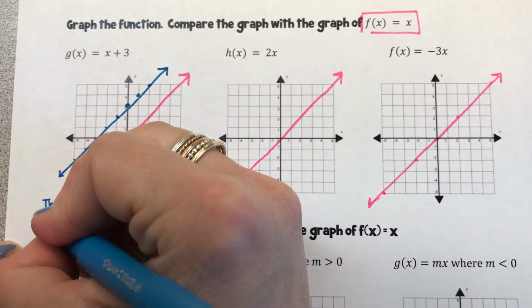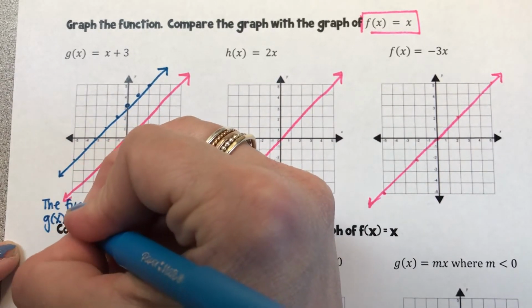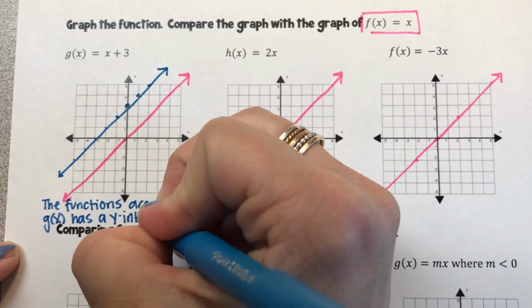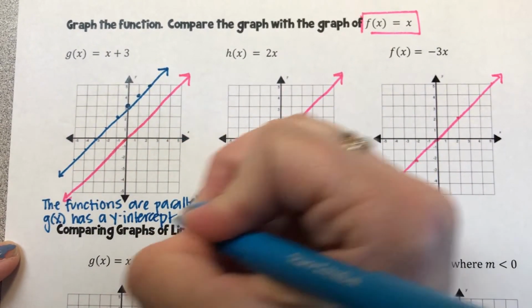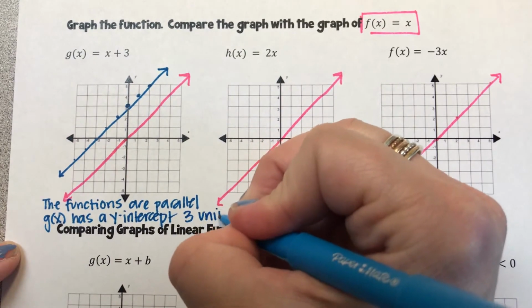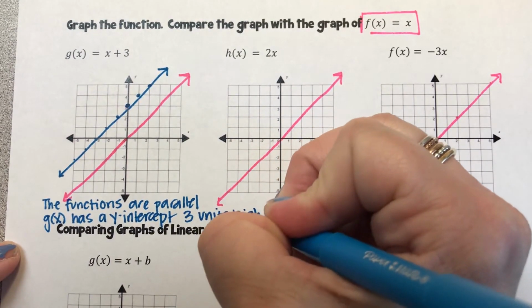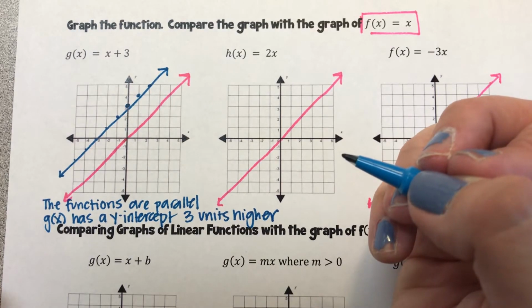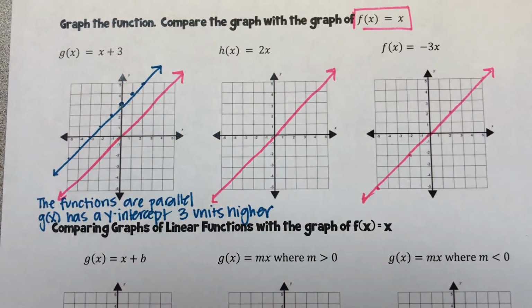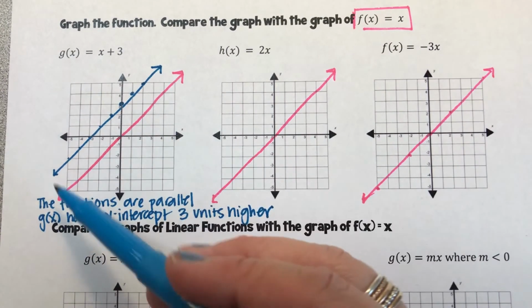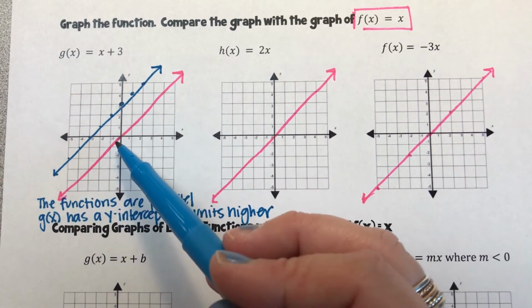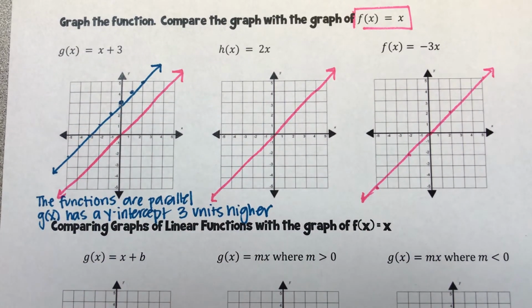And then we could say g of x has a y-intercept 3 units higher, right? Or even 3 units above. Does that make sense? So the functions are parallel, but this g of x line, right, has a y-intercept that's 3 units above the parent function.